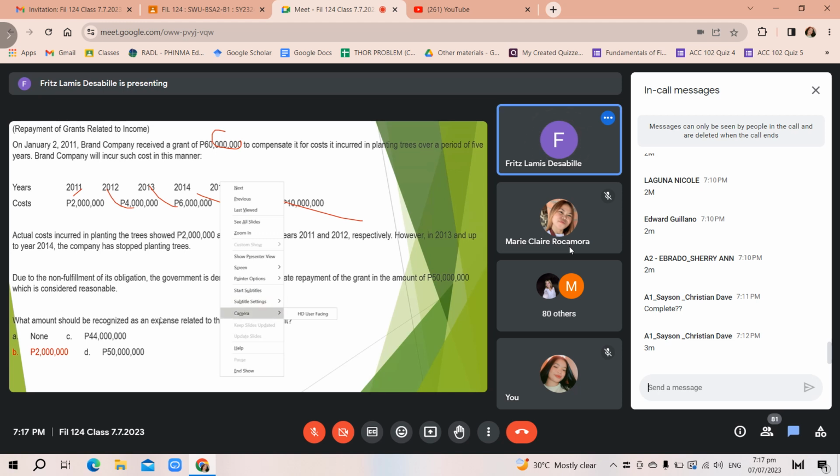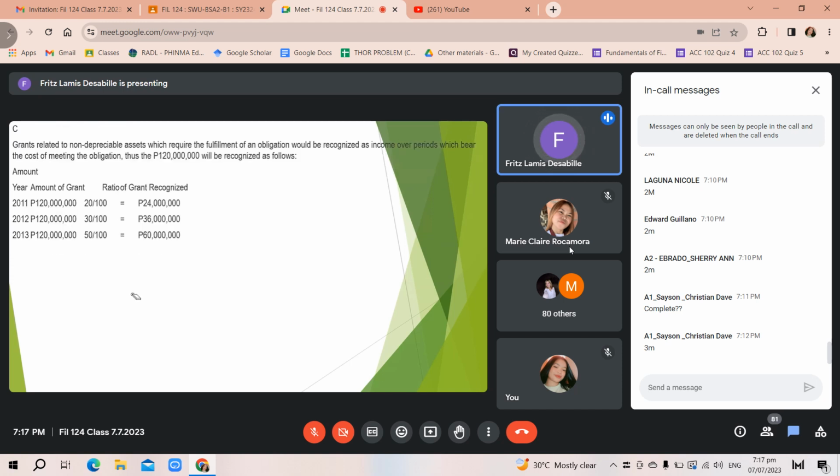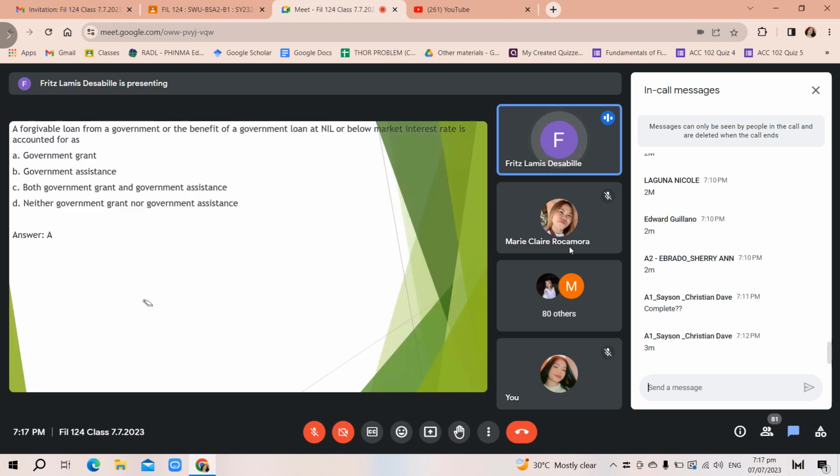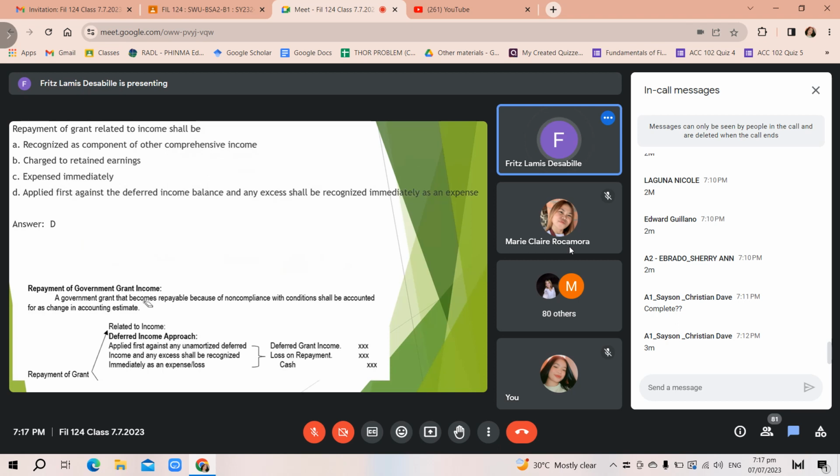Okay. Now, I'm going to be revisiting a slide just for you to have an idea on the theory of this one. Grant repayment related to income. Repayment of grant related to income shall first be applied against the deferred income balance, and the excess shall be recognized as an expense.